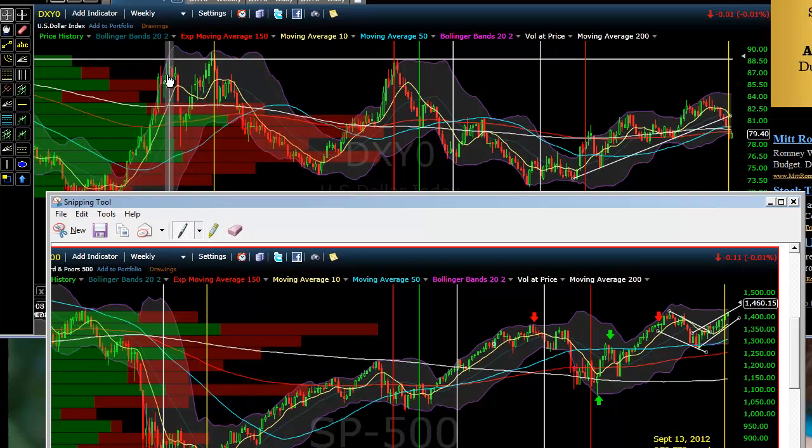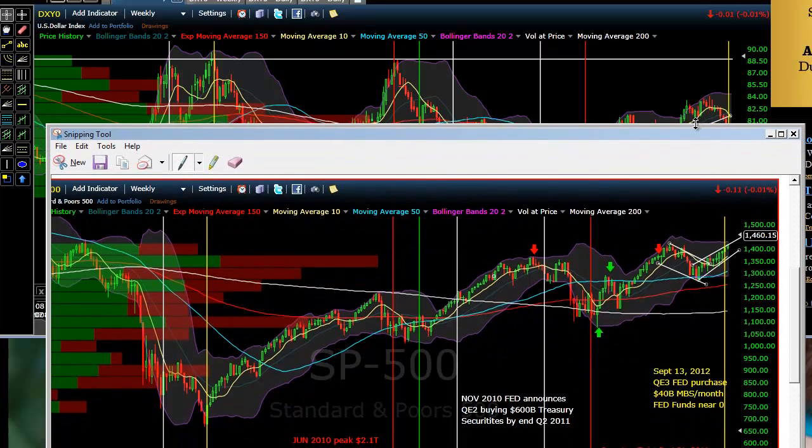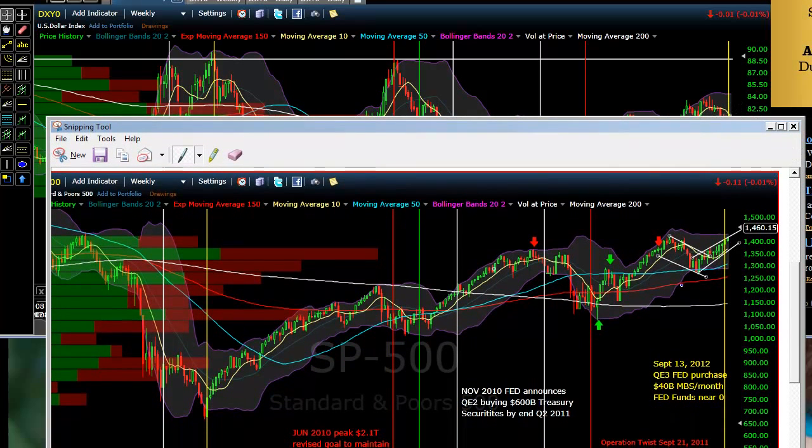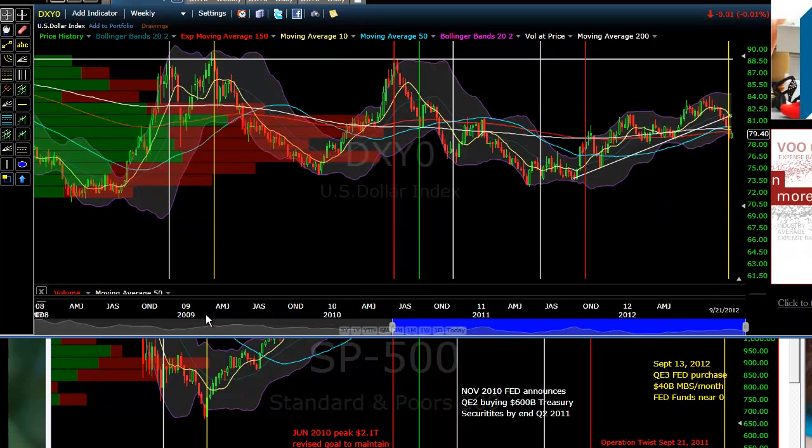So this line here was the start of QE1, the white line QE2, and of course the previous week QE3. We can see that during that period, in March 2009, we had this nice rally. Commensurately, in 2009, the dollar dipped and then rallied into the ending of QE1.